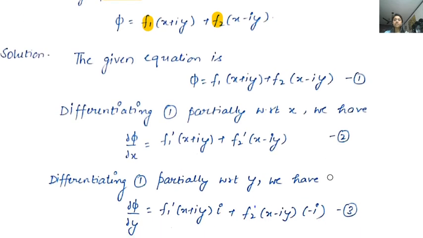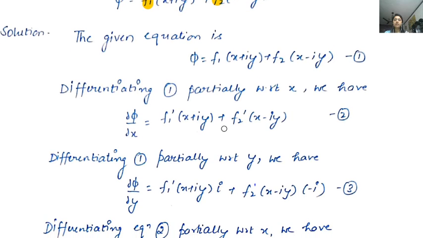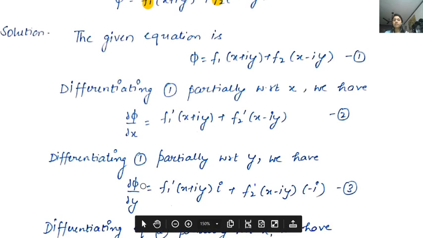Now, differentiating equation 1 partially with respect to y, we get ∂φ/∂y equals f1'(x + iy) into i. When we differentiate x + iy with respect to y, we will get i. Next term is f2'(x − iy) into −i.